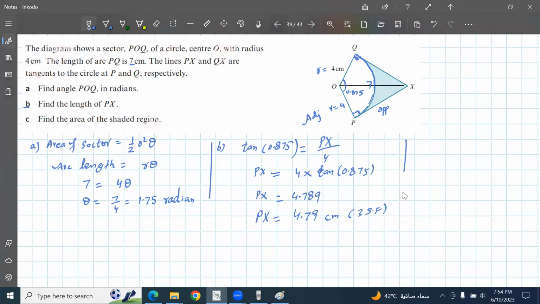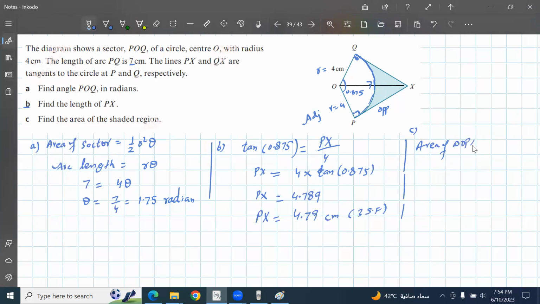Now the last part is find the area of the shaded region. For the shaded region, we must know the area of the sector as well as the area of these two triangles. We will subtract the area of the sector from the two triangles, meaning the area of the whole shape. So to find the area of the whole shape, you have to find the area of one triangle. Let's say the area of triangle OPX.